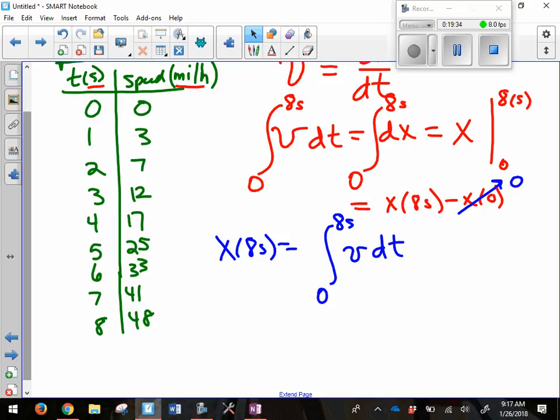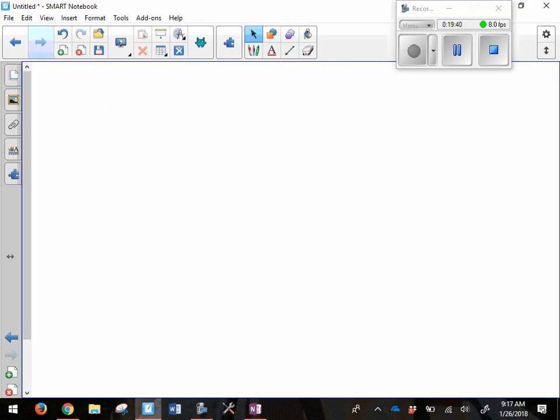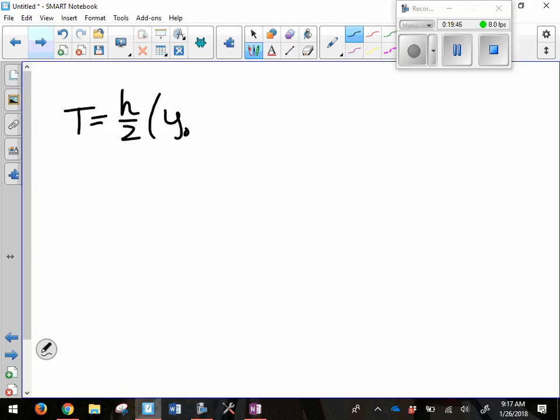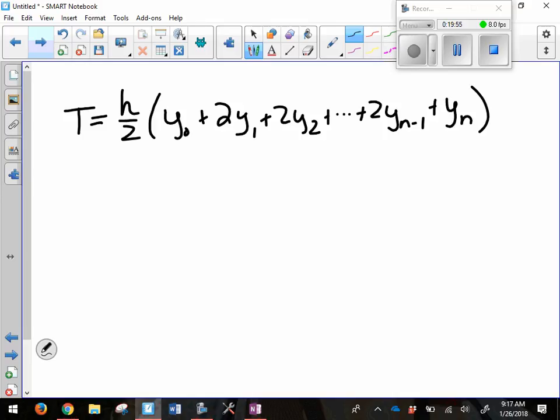All right. So my formula for my trapezoidal rule, which we wrote down before, is h over 2 times y0 plus 2y1 plus 2y2 plus up to 2y(n minus 1) plus yn. n is my number of subintervals, right?